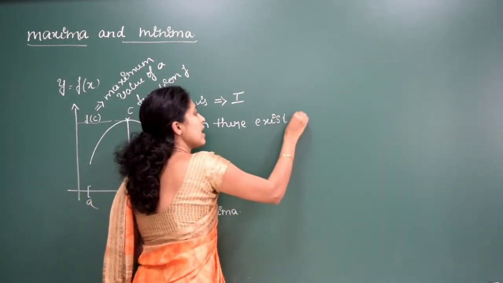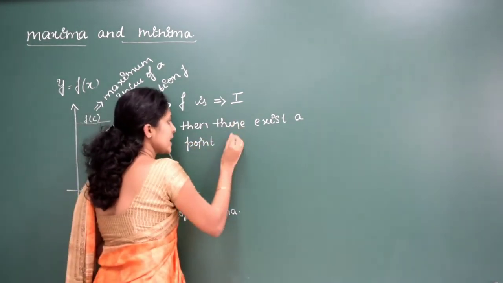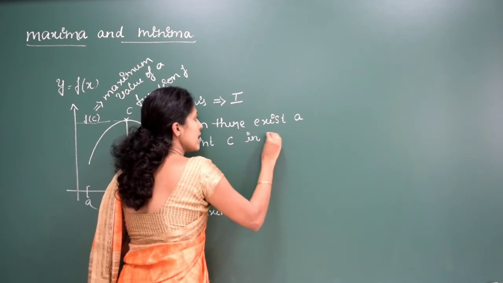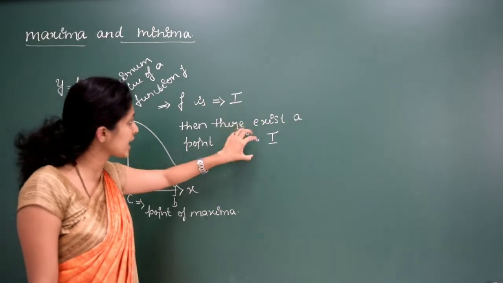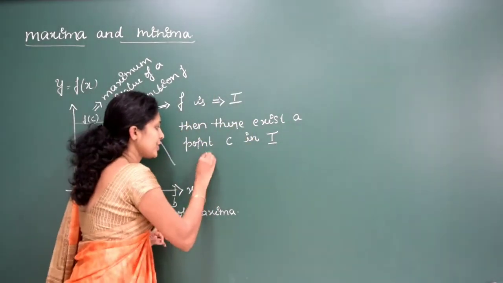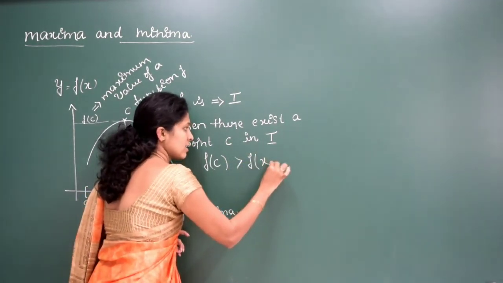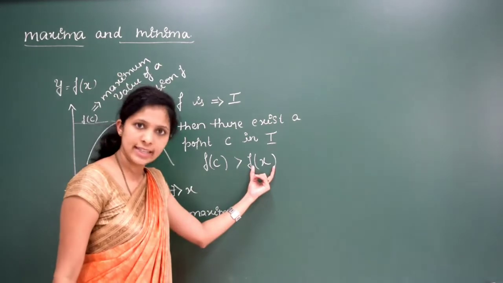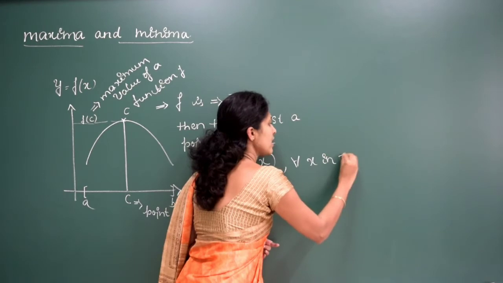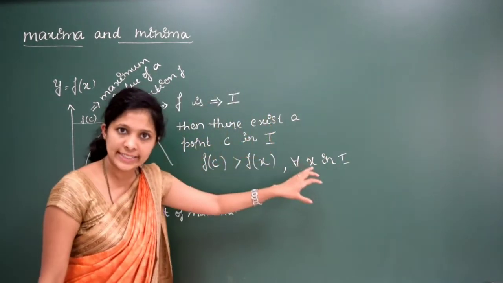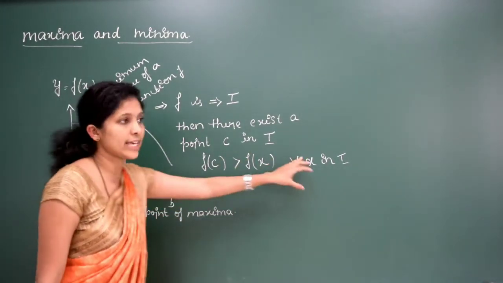There exists a point c in the interval I, such that the value of f of c should be greater than f of x for all x in I.